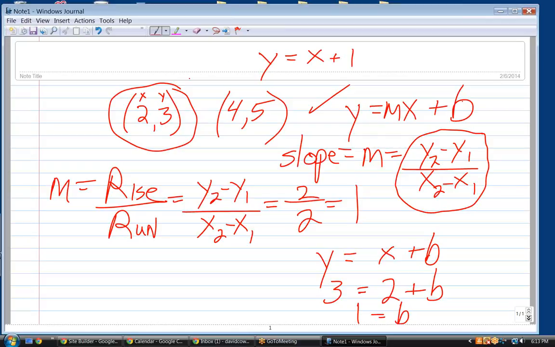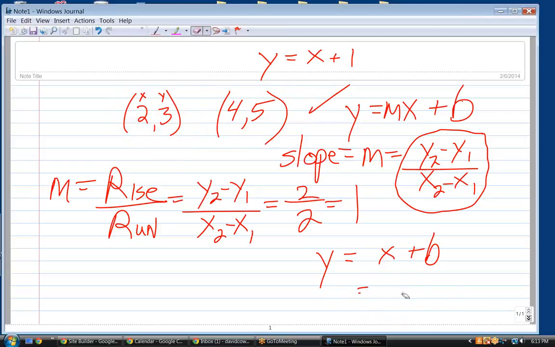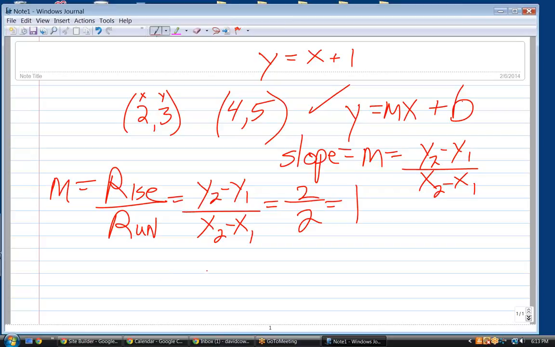And I could have used either point. I could have used this one here. It would have given me the same b. Notice it would have been 5 equals 4 plus b. So you can pick either point. Now, when I mentioned the point-slope method, I'll just follow up on that briefly, and you tell me whether you've ever seen this or not.